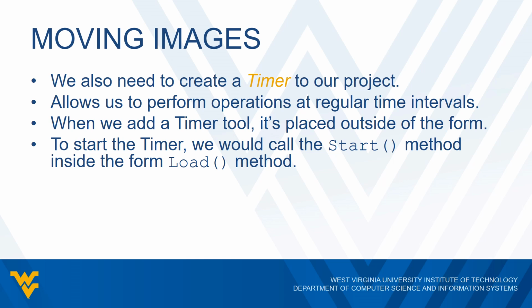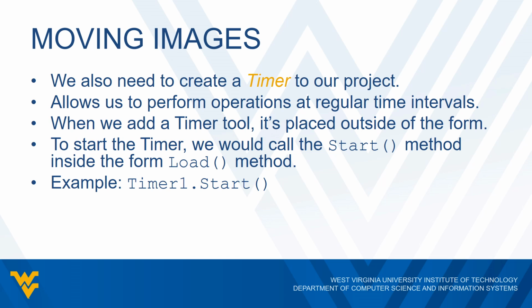So remember, by default, we would have Form1_Load, and that would be automatically called when we start the application. Inside the body of that sub, we would have to call the start method from our timer object. So for example, if the timer object we create is called timer1, then we would have timer1.start to actually start the timer.